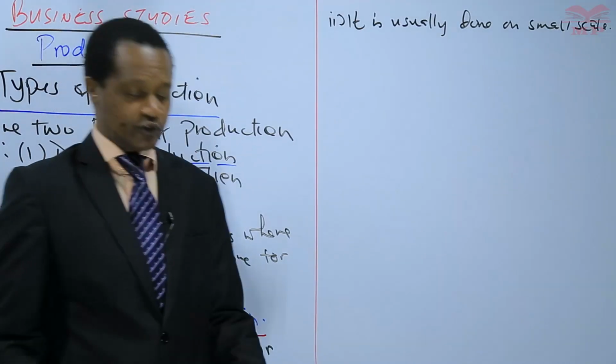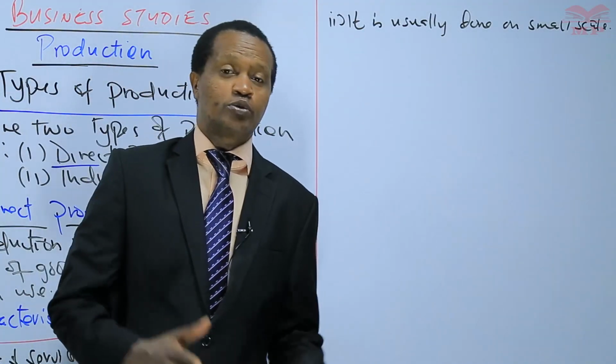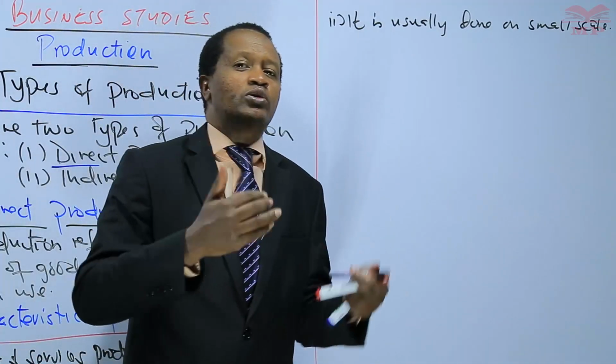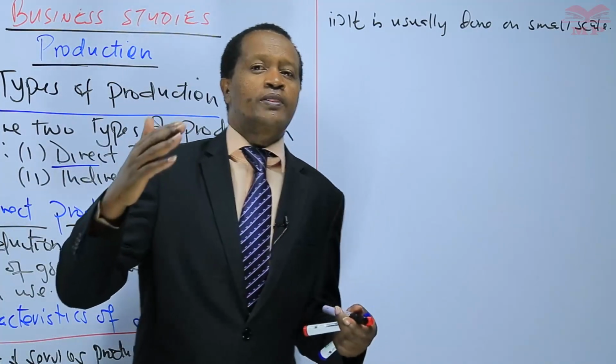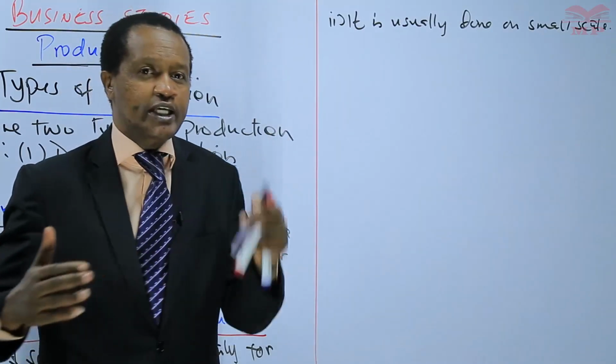If you are producing for, say, a family of 10, if you are planting crops for a family of 10 or a family of 2, then that is in small quantities. Production is done in small quantities. It is usually done on small scale.